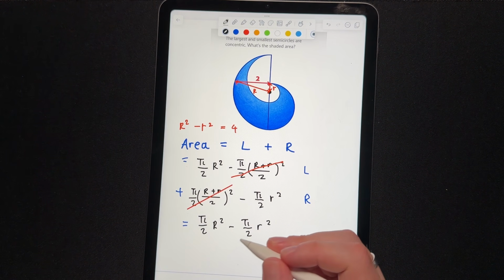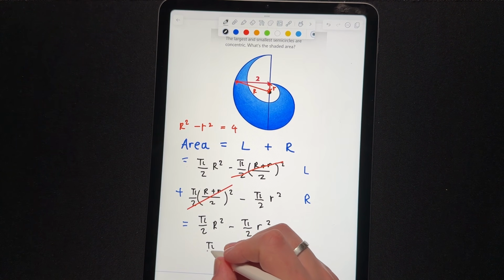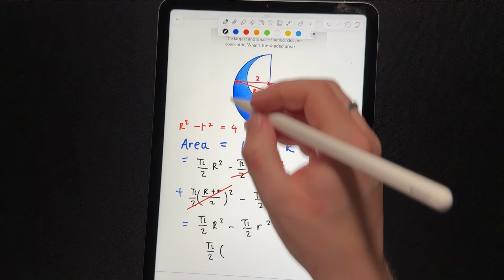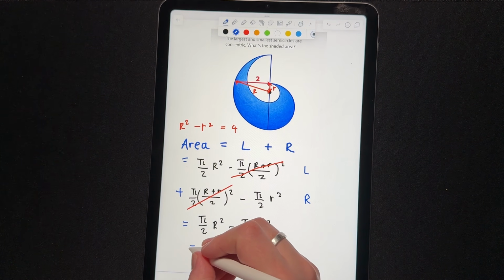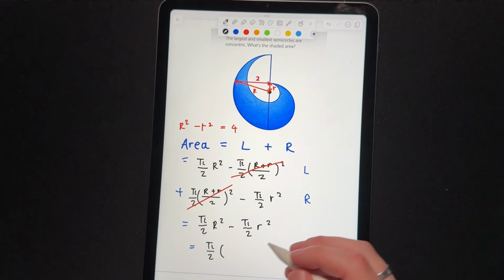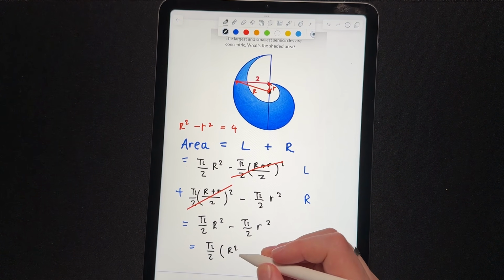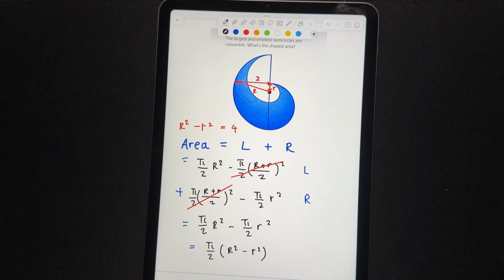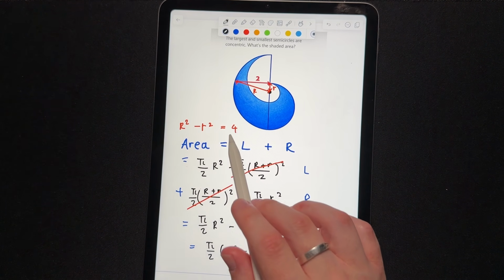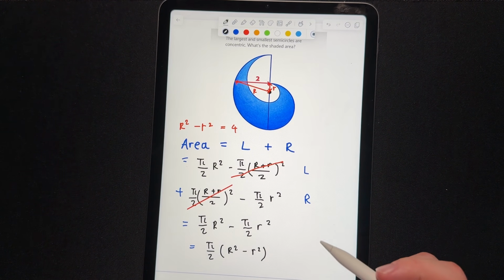So we can say that that is pi over 2 multiplied by capital R squared minus little r squared. Because when you expand the brackets, that would give you pi over 2 capital R squared minus pi over 2 little r squared. And now we know that this bit in the brackets is 4.